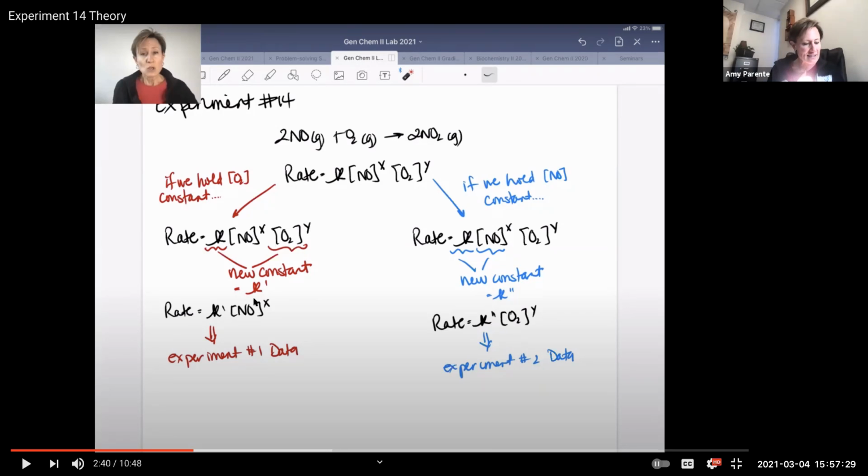And then the next thing says, what is the rate expressed in terms of O2? So that's this guy. Rate equals K double prime, that's when we have 2 little prime marks there. We call that double prime, times the concentration of oxygen to the Y power. So that's what you're going to write in that second line there. Okay?